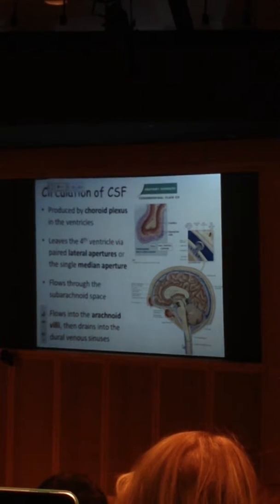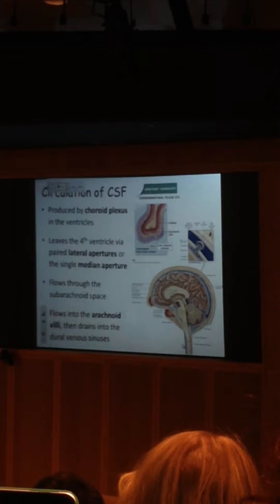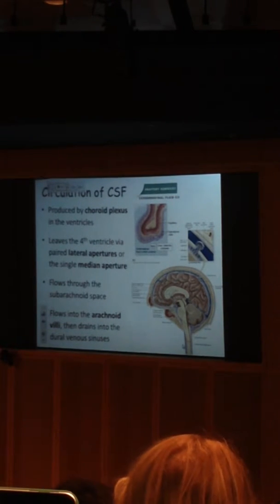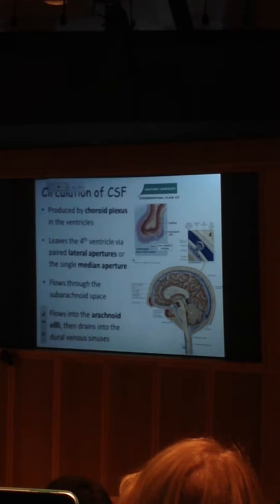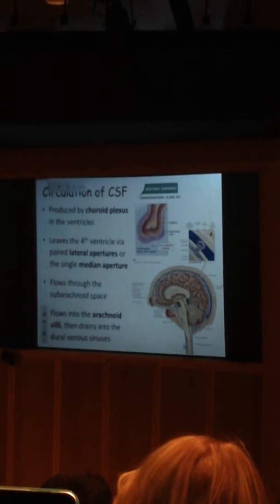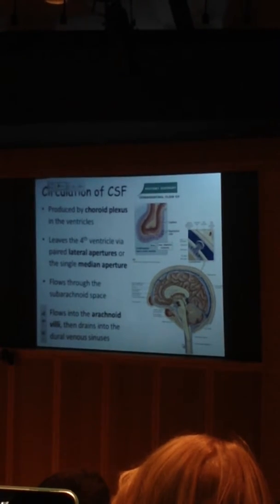So if you have increased pressure inside of the brain, you will have more fluid leaving, and where does it go? It goes to these places, the little inset here showing you the arachnoid villi, and it will be drained into the dural venous sinuses, which are between these 2 layers of the dura mater.